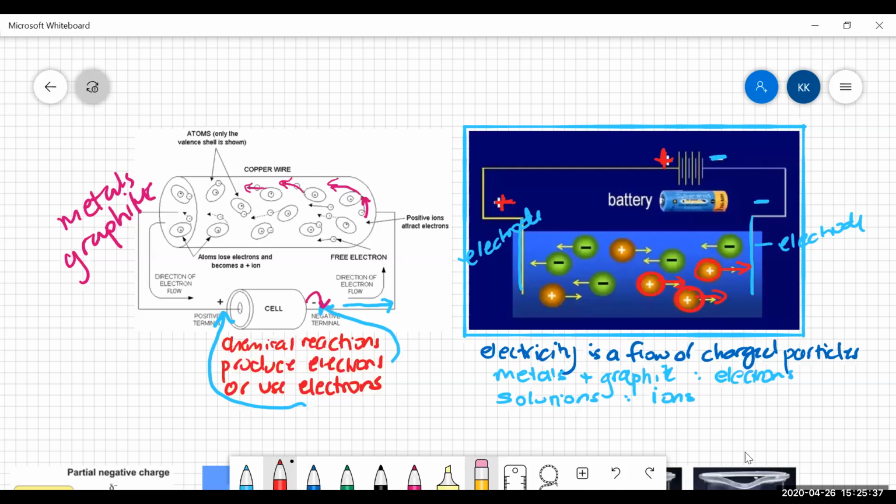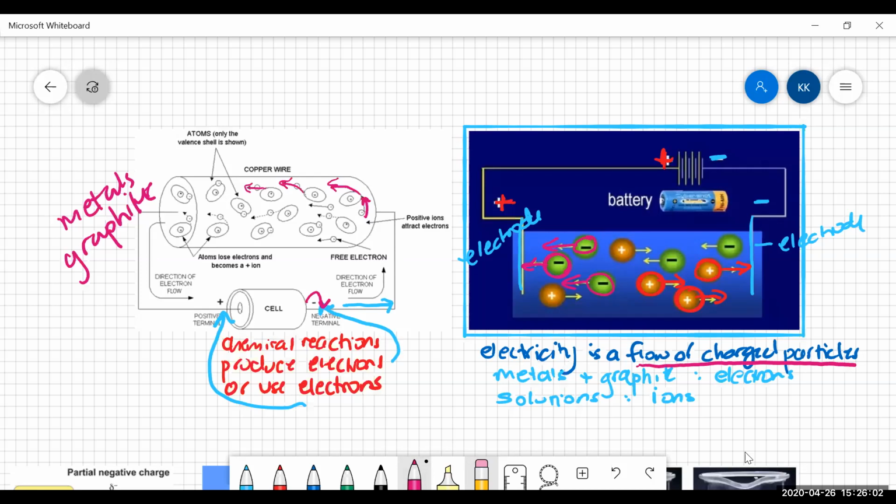On the other hand, the negative ions are all going to be moving toward the positive electrode. And that is causing our flow of charged particles. So electricity can be conducted by that flow of ions as well as by a flow of electrons.